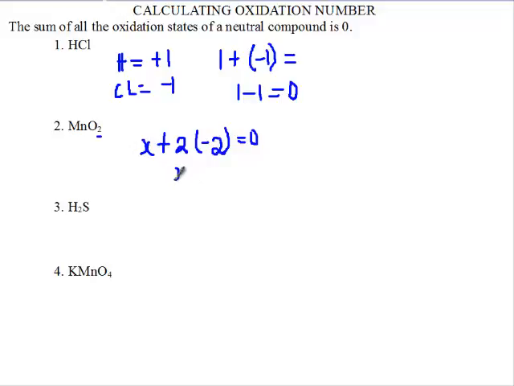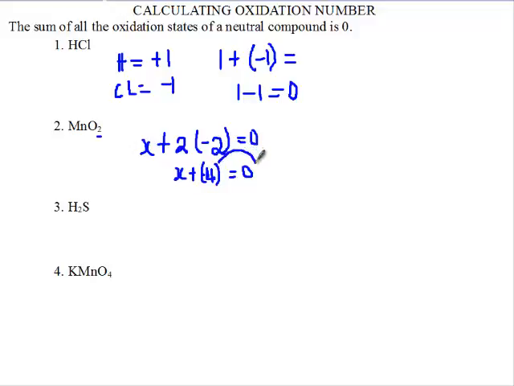So what do we have now? X plus 2 times -2 give us -4. X plus -4 is equal to 0. Okay. Now let's see. When we send -4 across the equal sign, it becomes a positive.